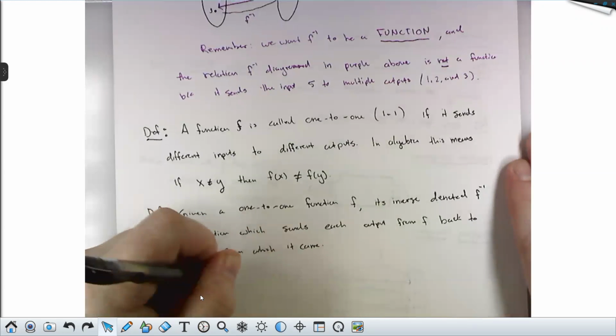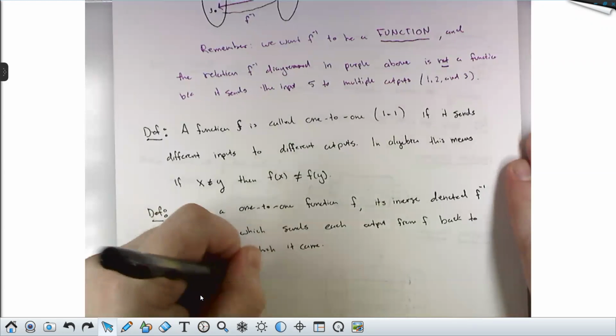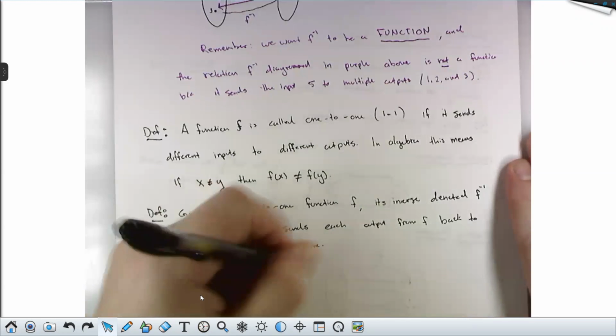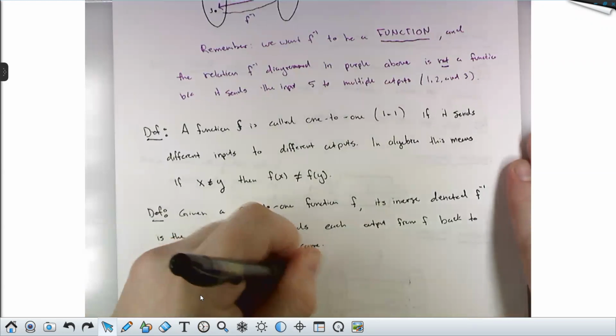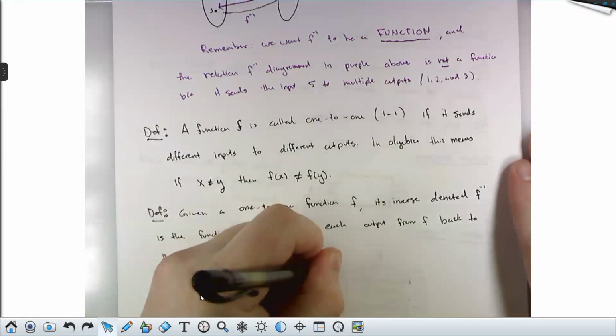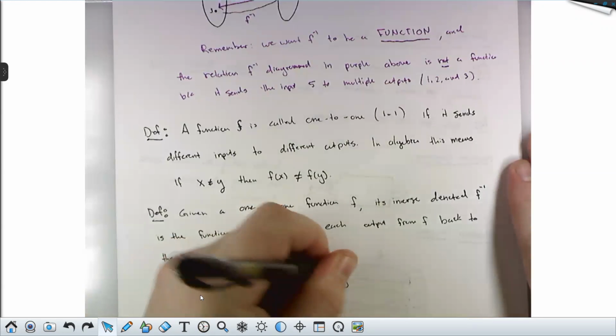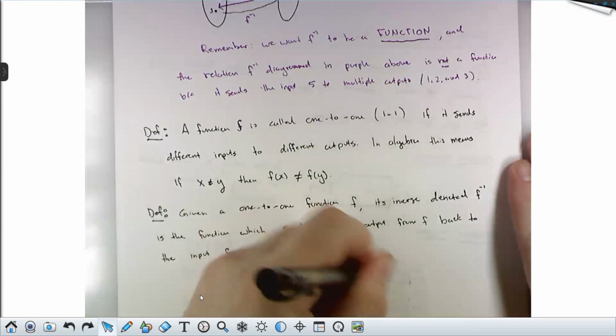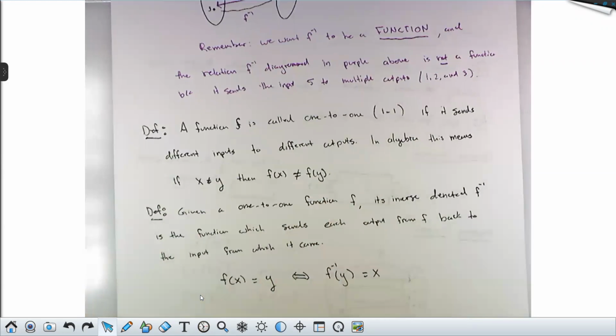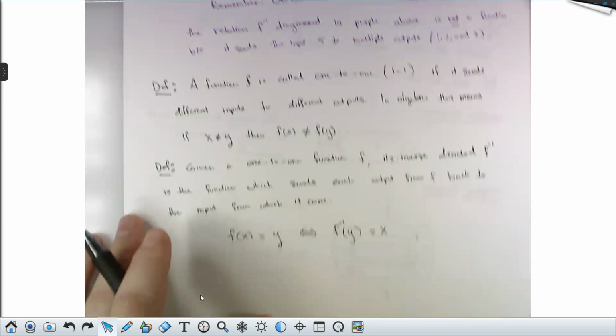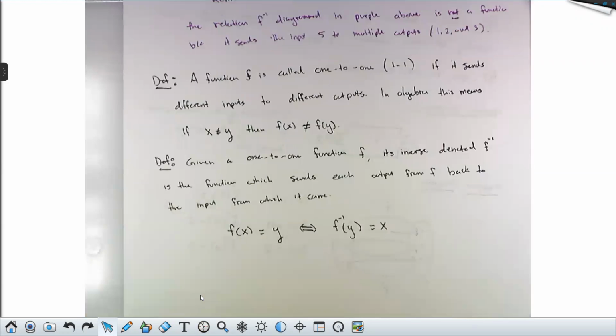It's defined by the rule that f of some input is equal to this output if and only if f inverse of that output is equal to the input from which it came. So like if f is a 1-to-1 function and f of 1 is 7, then f inverse of 7 is 1.